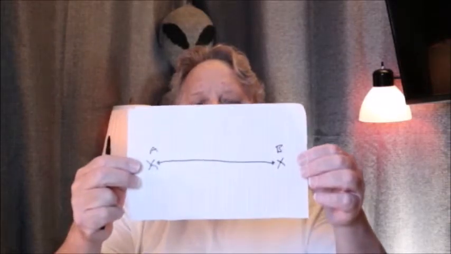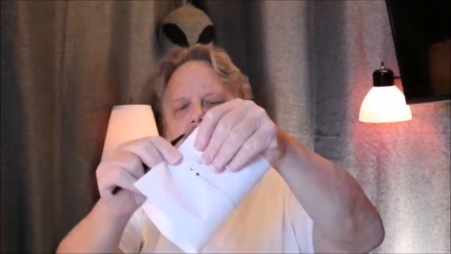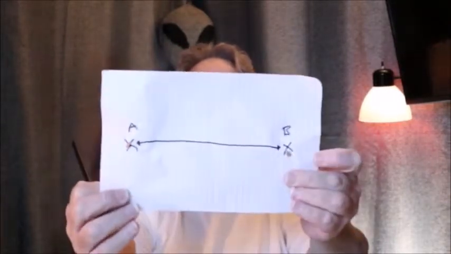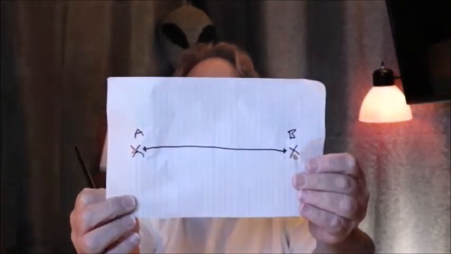See, if you bend the space-time fabric and you're able to pull two points together, point A and point B together, then a craft the size of an orb can pass right through, going from one side to the other, eliminating the distance.